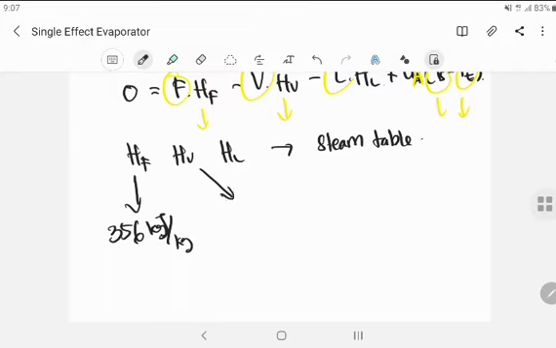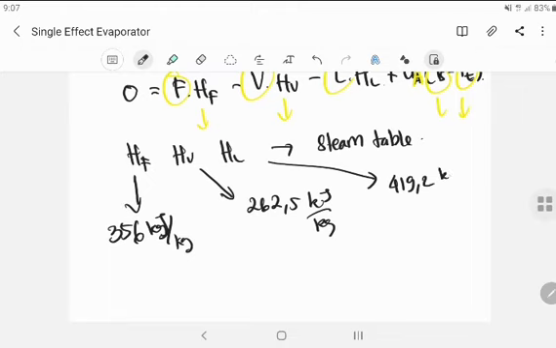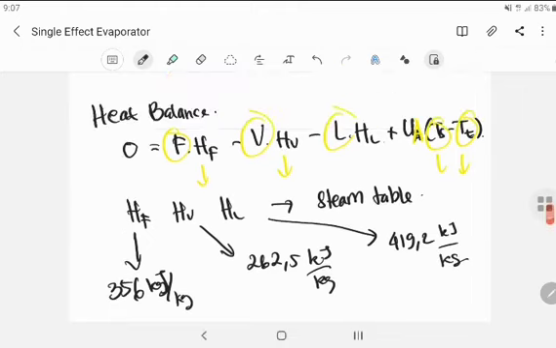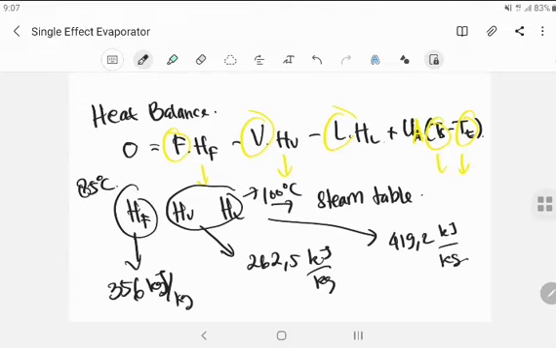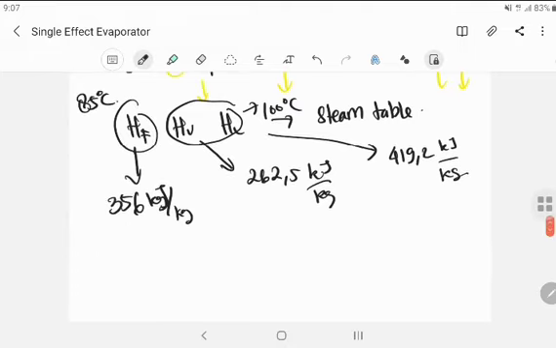The HV is 262.5 kilojoule per kilogram, and the HL is 419.2 kilojoule per kilogram. So the HV and HL you can obtain at 100 degrees C, while the HF is at 85 degrees C for water.